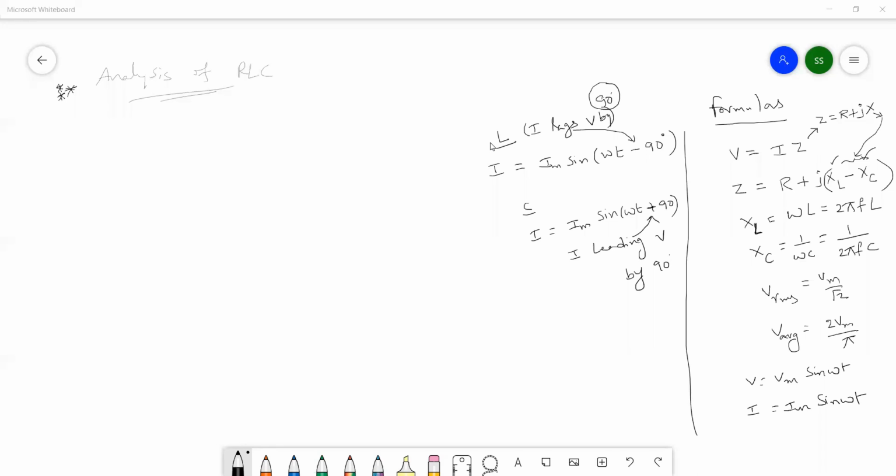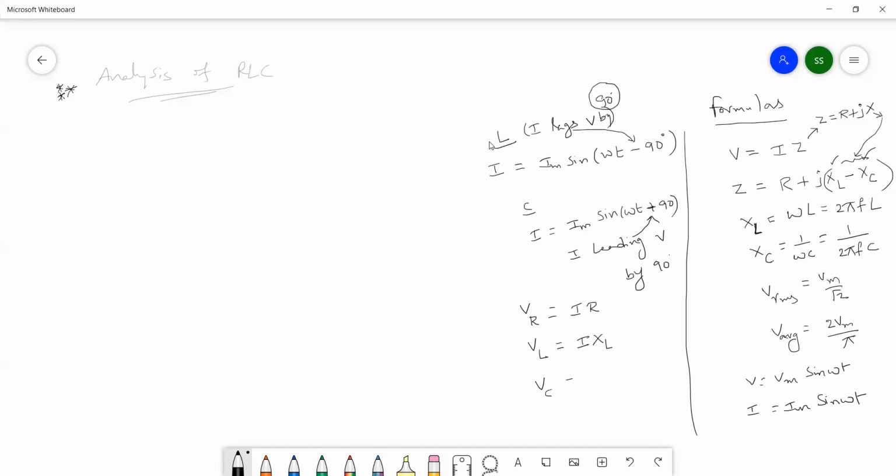Individual capacitive reactance XC we have already written as 1 by omega C. Net reactance. What about the voltages across the resistance, inductor and capacitor? Voltage across the resistor is I into R. Voltage across the inductor is I into the corresponding inductive reactance.